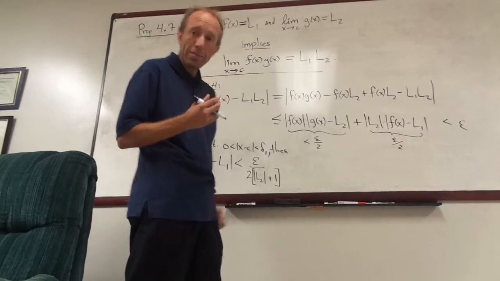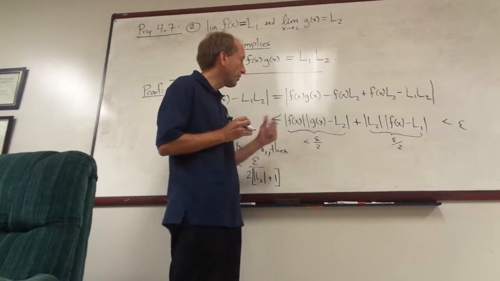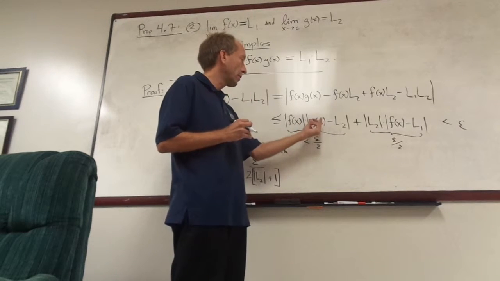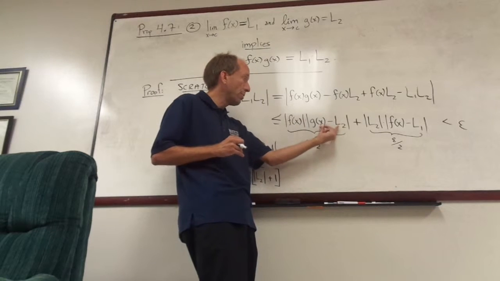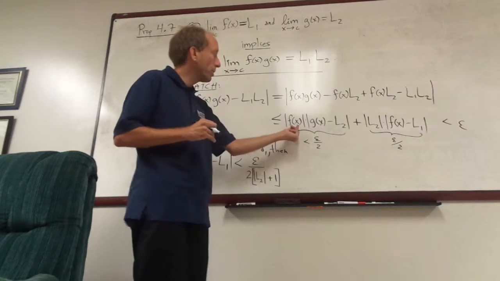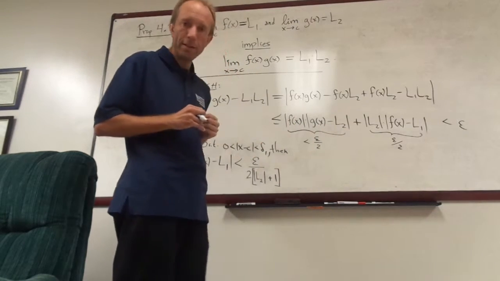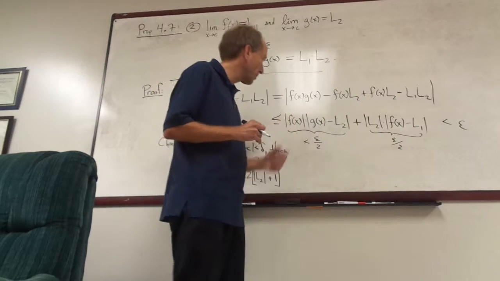Now, I'd like to do the same thing with the first term. The first term, however, is a little trickier, because although I can make g of x minus L2 as small as I want, it's being multiplied by something that is not a constant. The f of x is not a constant.